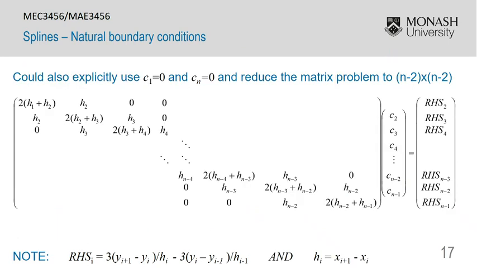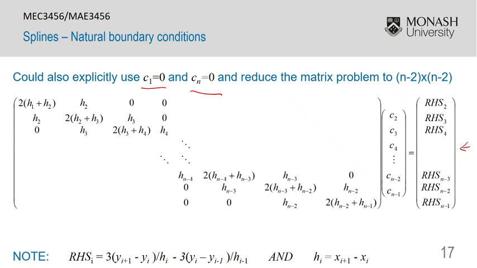Now, it would be possible also to explicitly use C1 equals 0 and Cn equals 0 and reduce our matrix problem to be an n-2 times n-2 system. So in other words, you delete the first column, the last column, the first row, and the last row, and you'd end up with a system of equations that looked like this, which is a perfectly good tridiagonal system.